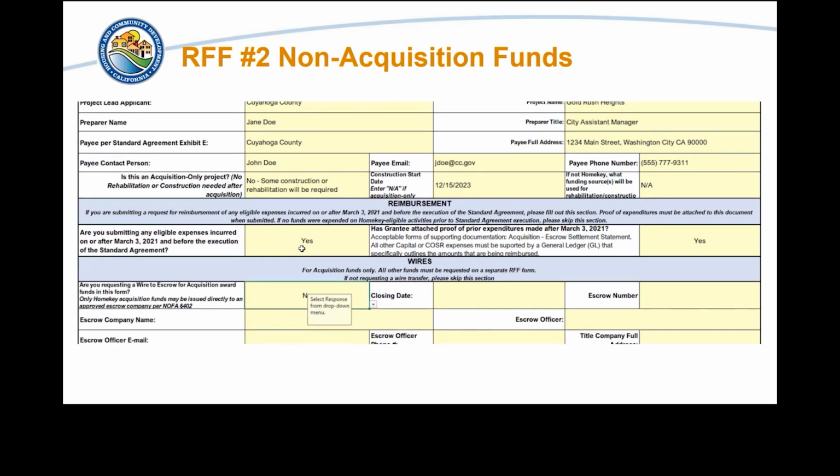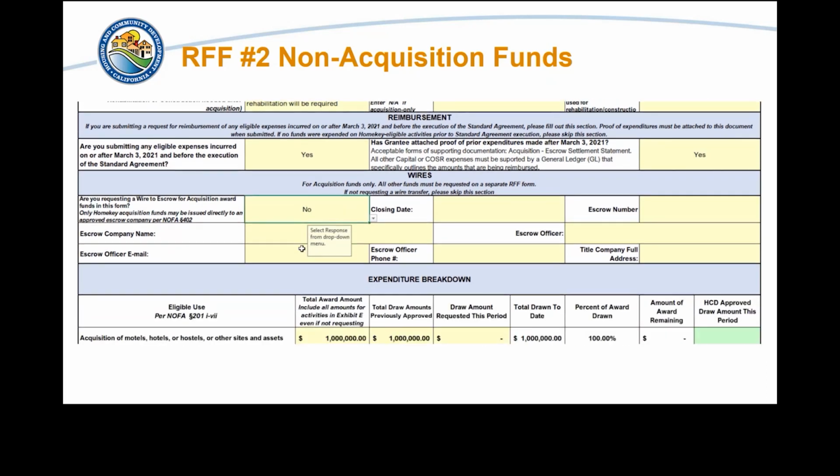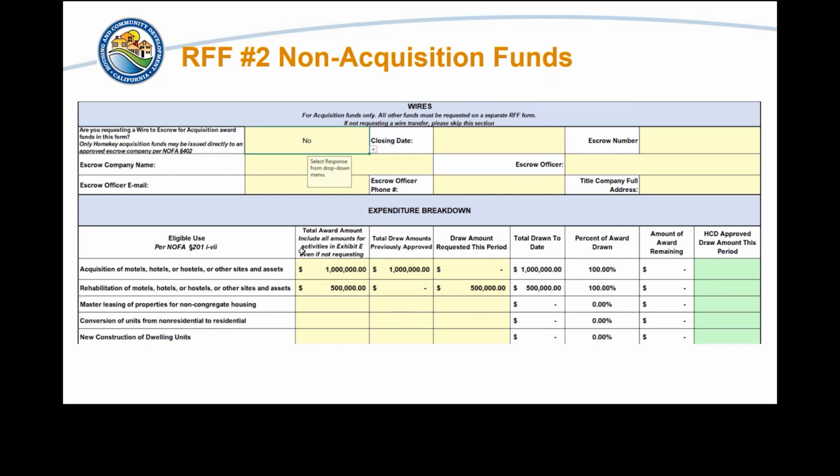Now, you'll see that the rows beneath the expenditure breakdown do not change, and you should still see all of the individual eligible activities. In the total award amount column, you will list the $1 million for acquisition of motels, hotels, or hostels. Then you will put that same amount in the total draw amounts previously approved.